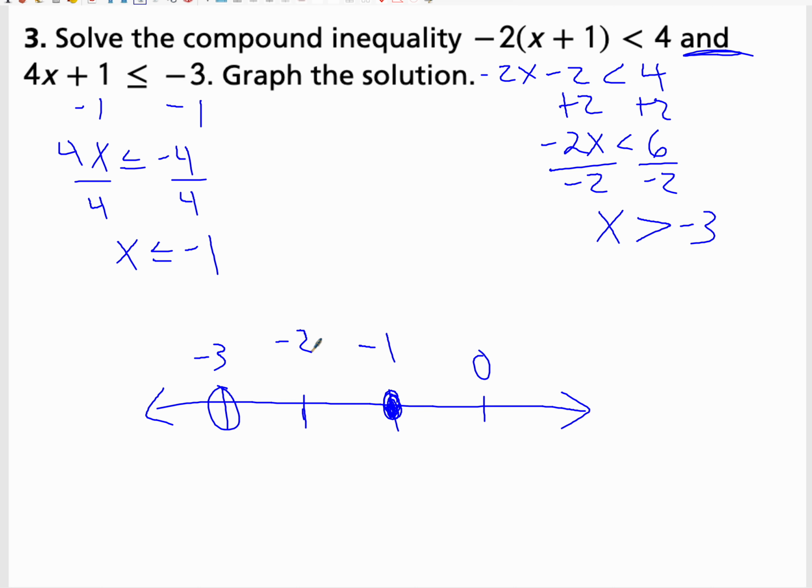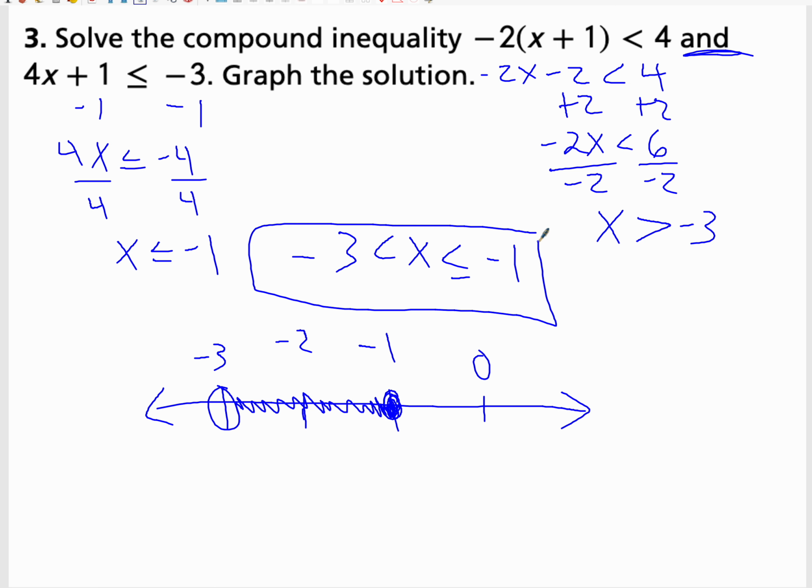Right? So x is smaller than negative 1 and bigger than negative 3. So negative 3 is less than x is less than or equal to negative 1. Everybody good so far? All right.